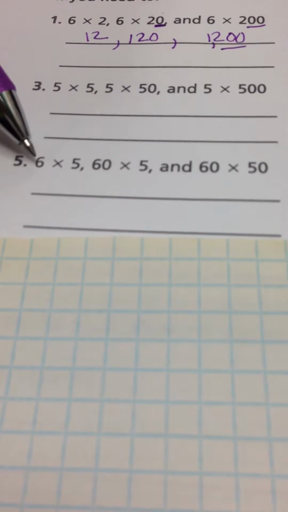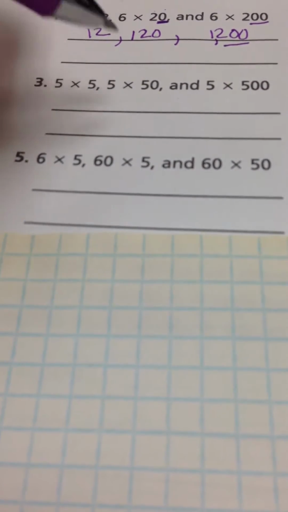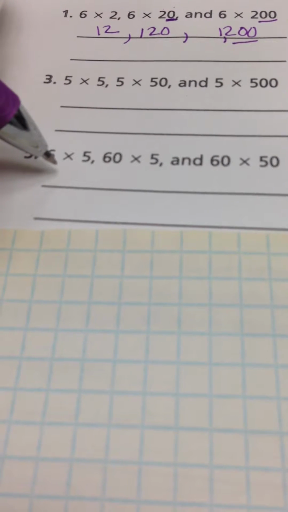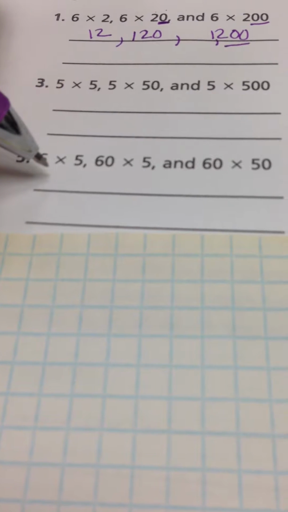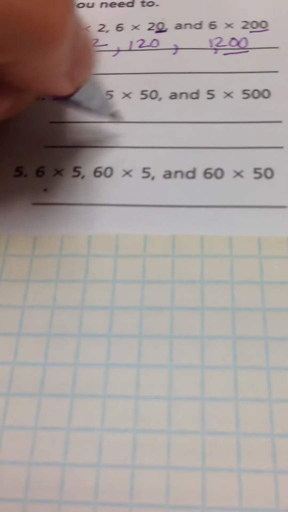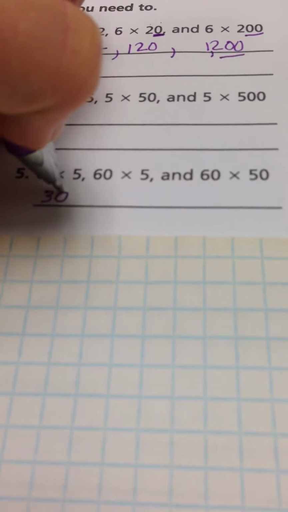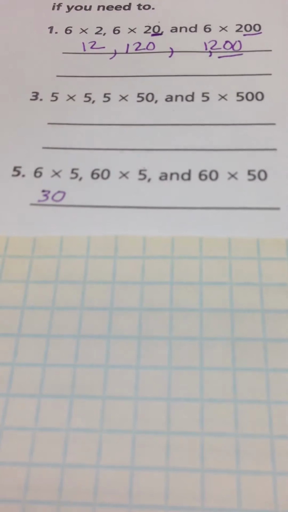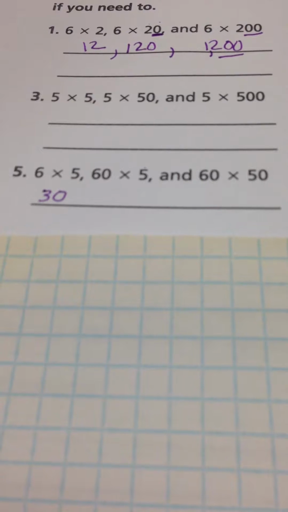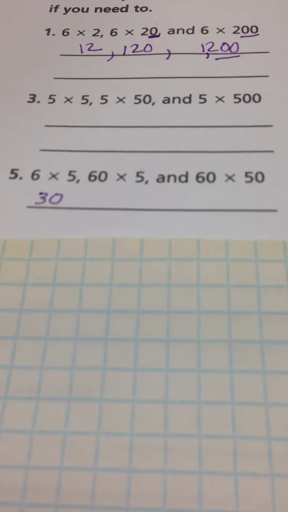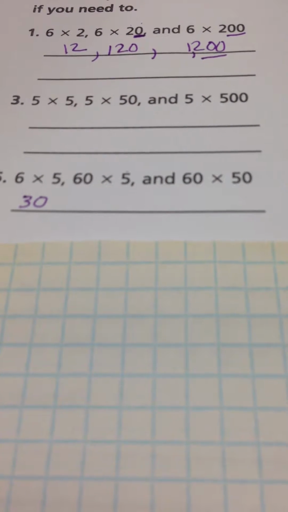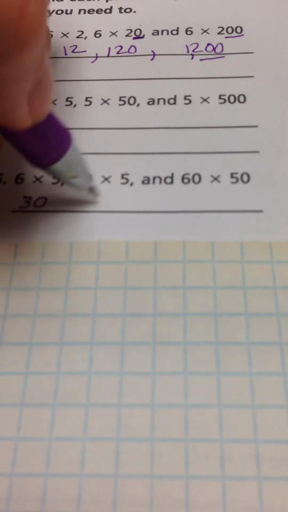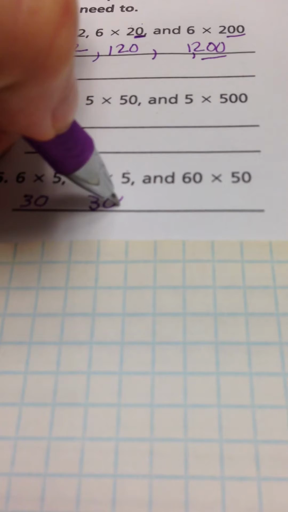So if we followed that pattern and we looked at number 5, 6 times 5 is what? If you could raise your hand and let me know, 6 times 5? Callie? 30. Okay, 6 times 5 is 30. So then, what would 60 times 5 be, if we're thinking about those zeros? Christian? 300.